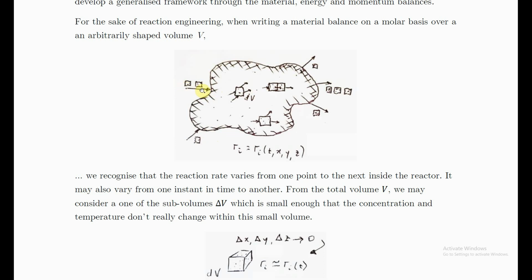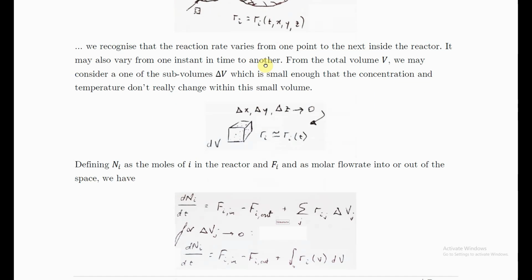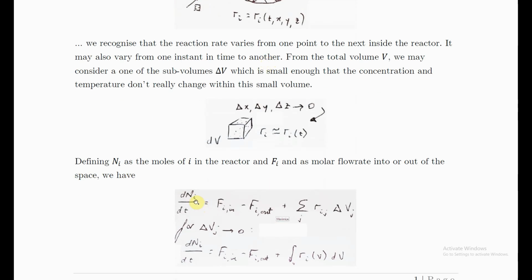We can add up specifically the molar flow rates in these streams, and we can subtract out the molar flow rates in these streams. So we can define for ourselves the total number of moles of some component in this reactor. Let's say we are considering component I, then we can define n sub I to be the total number of moles in the reactor.